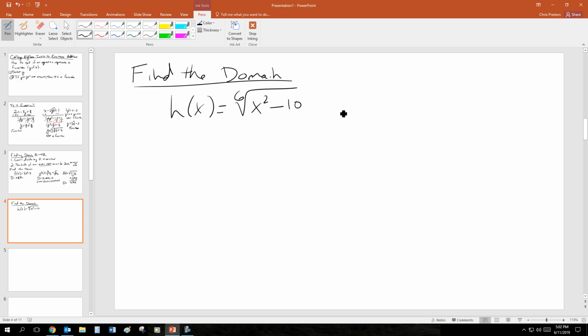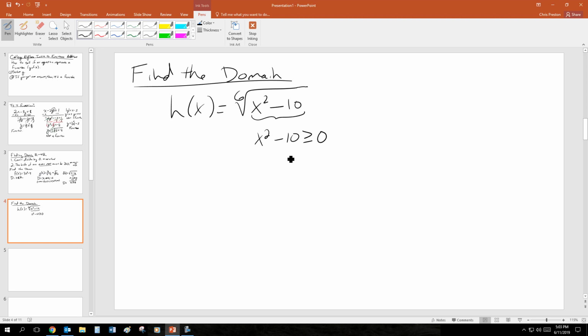All right, so again, I'm not dividing, but I have an even root. So that means this inside part has to be greater than or equal to 0. Has to be positive or 0. Can't be negative. Again, I'm not doing anything with this exponent or this root number. I'm just recognizing it's even. Okay, well then this inside part must be this.